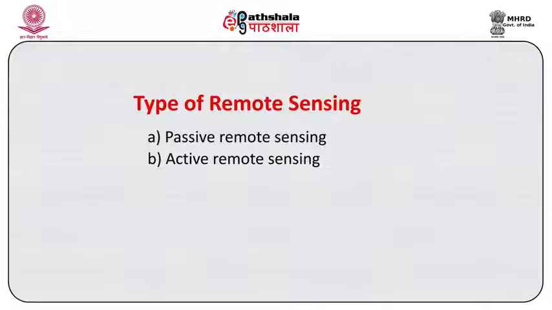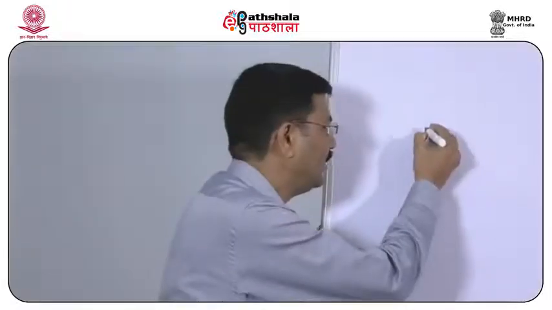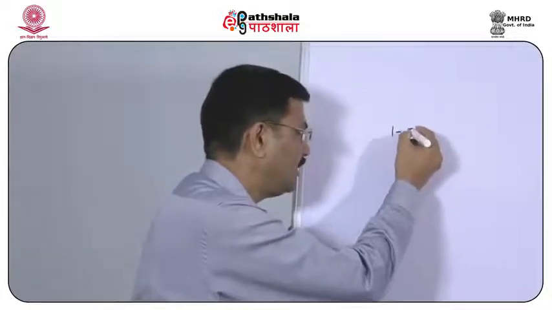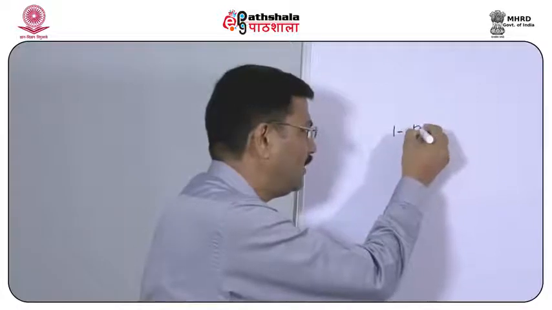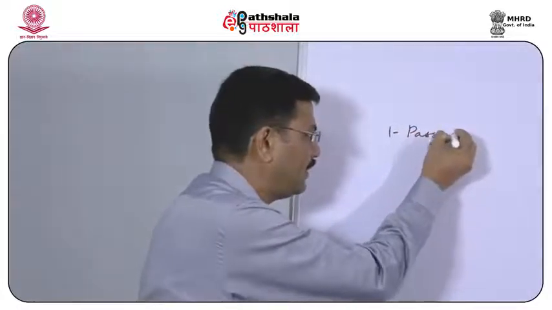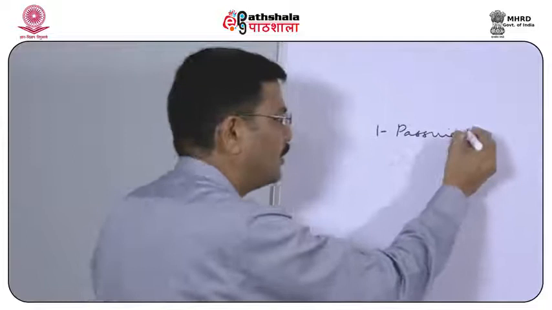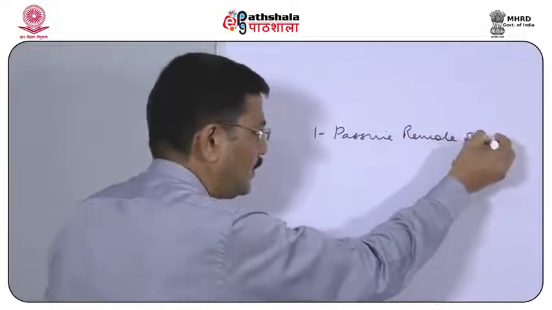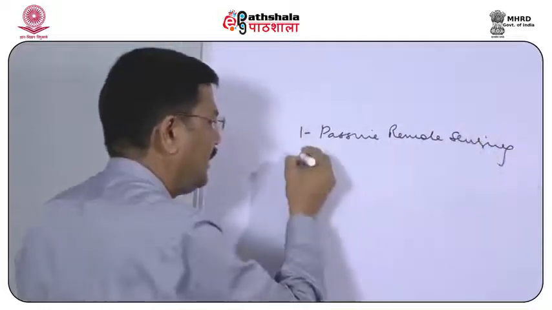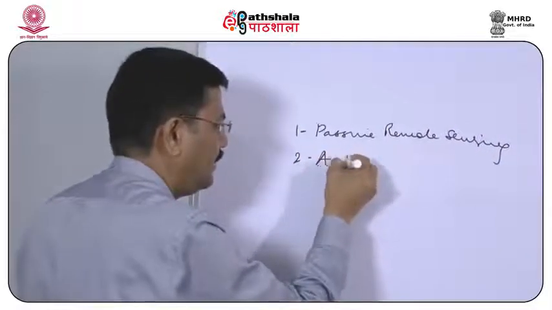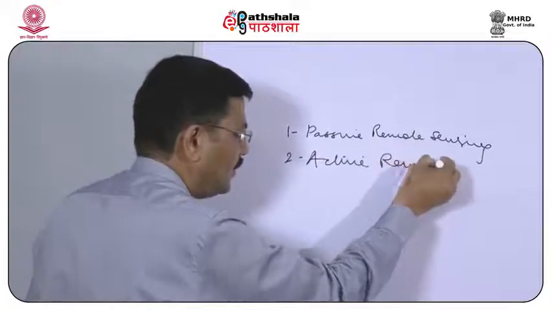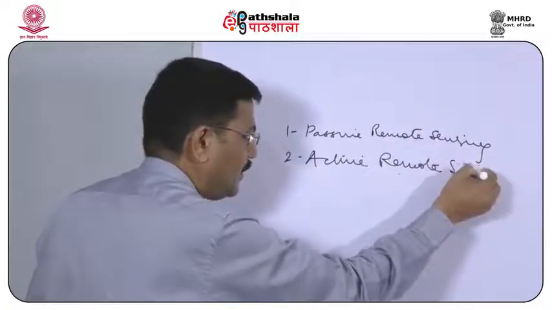Let us say satellite data which is being used for remote sensing data in geology. One is called passive remote sensing, and second is active remote sensing.